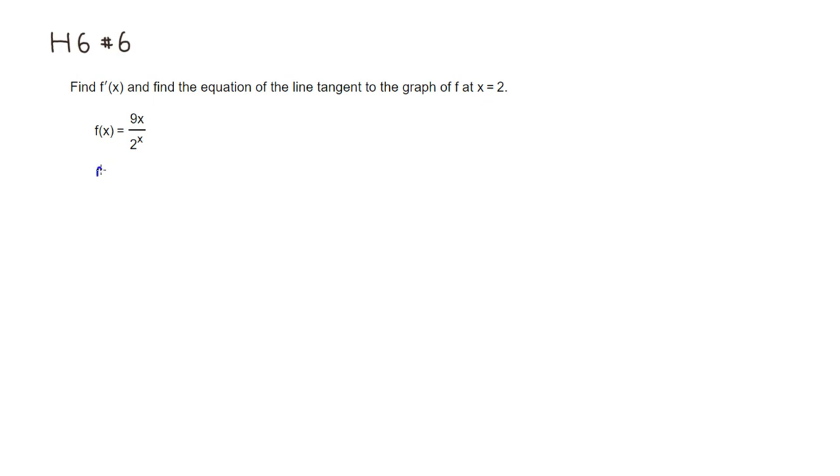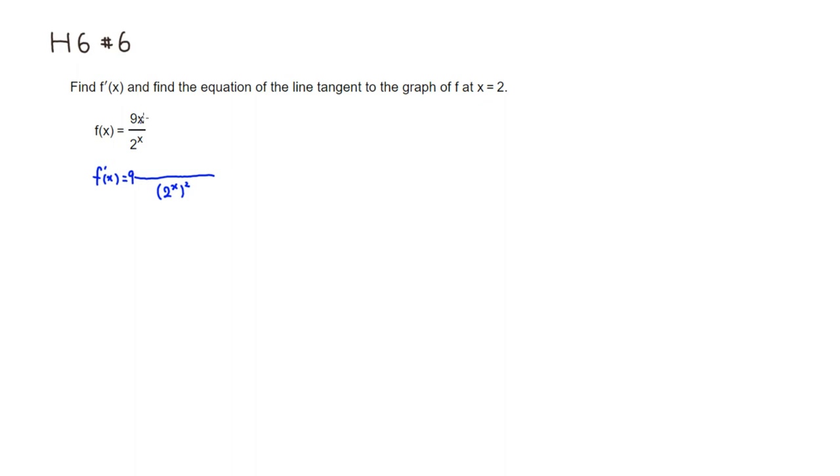So f prime of x is equal to, I'm going to go ahead and square the bottom guy. So you have 2 to the x squared, right? And take the derivative of the top. Actually, I'm going to put the 9 in front so we don't have to worry about the 9.